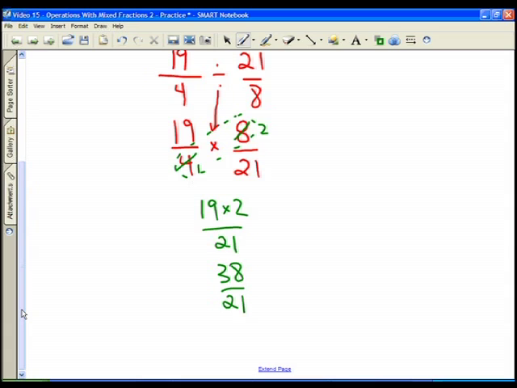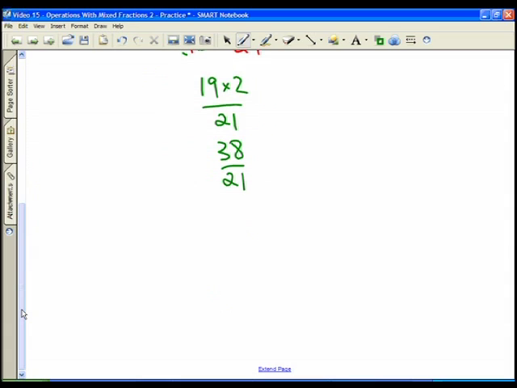And we could convert that as well to a mixed fraction, and we know we're going to be less than 2, because 2 times 21 is 42. So we're going to have 1, and then 38 minus 21 is 17, so we'll have 1 and 17/21.